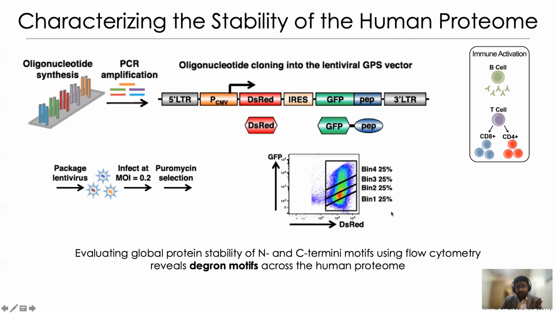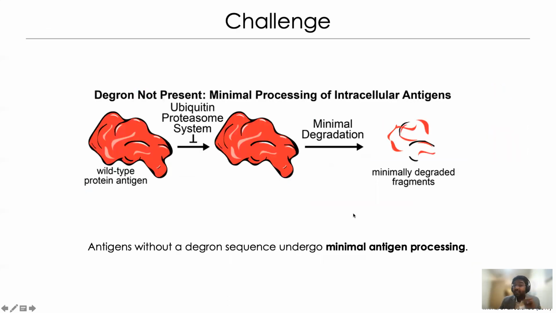So what this essentially shows us is that across the entire human proteome, there are proteins or peptides which degrade more versus which degrade less. And why this is important right now is the challenge that we see in the vaccines.